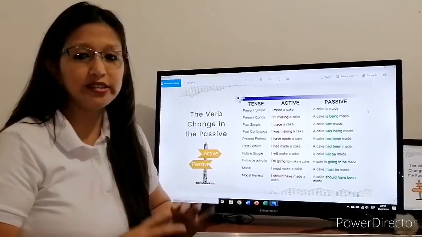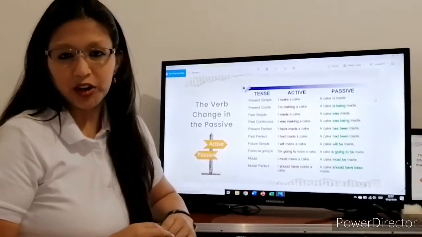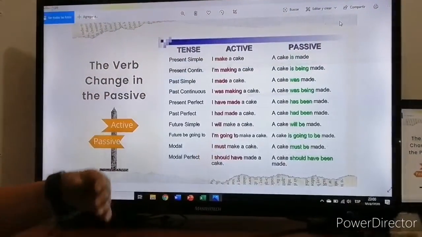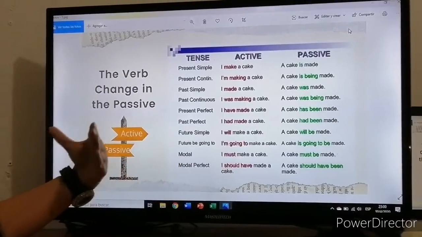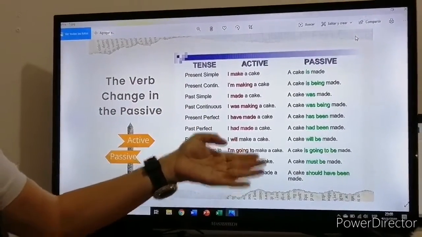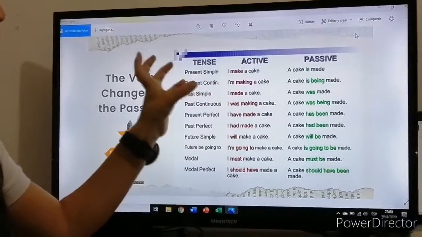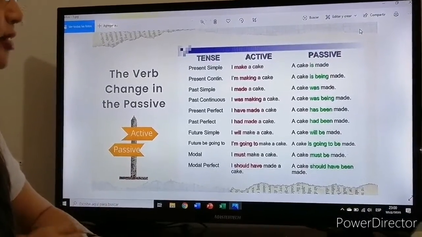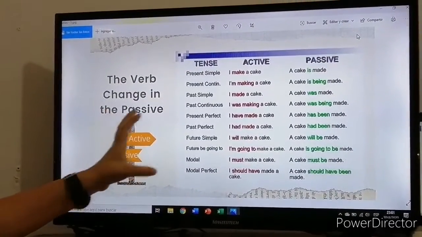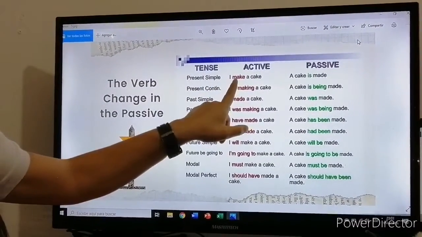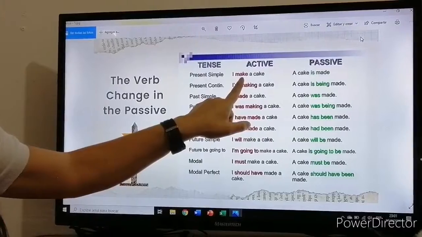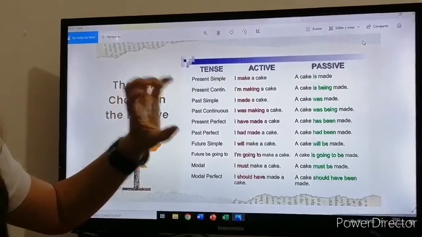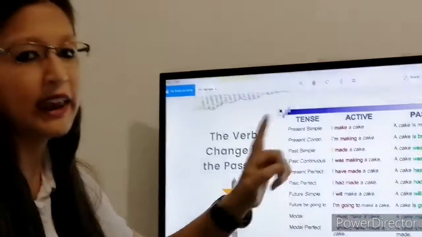All verbs in English take an object. Therefore, some are complete without an object. Here we have some verbs in active form and passive form. Sometimes it's hard for us to understand this structure in the passive form. In the active, we can see that the verb emphasizes the person or the subject who's making an action.